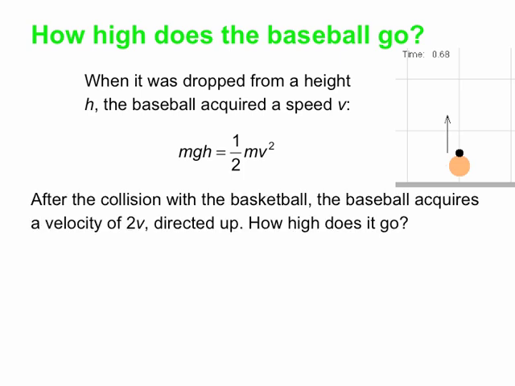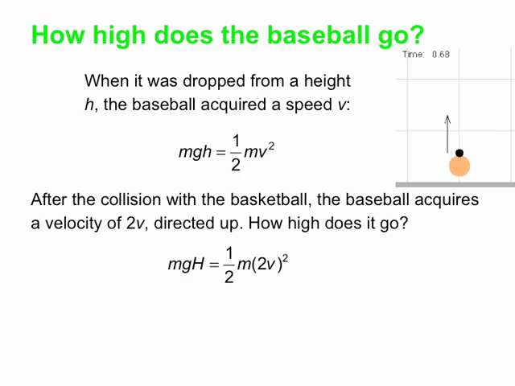Now, we've got a velocity of 2v directed up. So we can use exactly the same energy equation. We'll say the kinetic energy it has right after the collision, which is 1/2 m 2v all squared, is going to turn into ultimately the mg capital H that the baseball has at its highest point. Now how does capital H compare to little h?